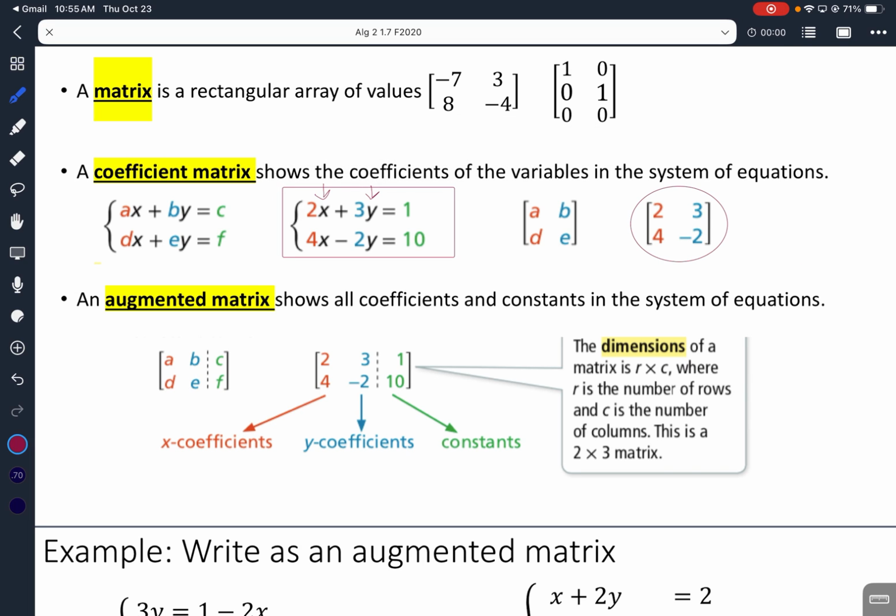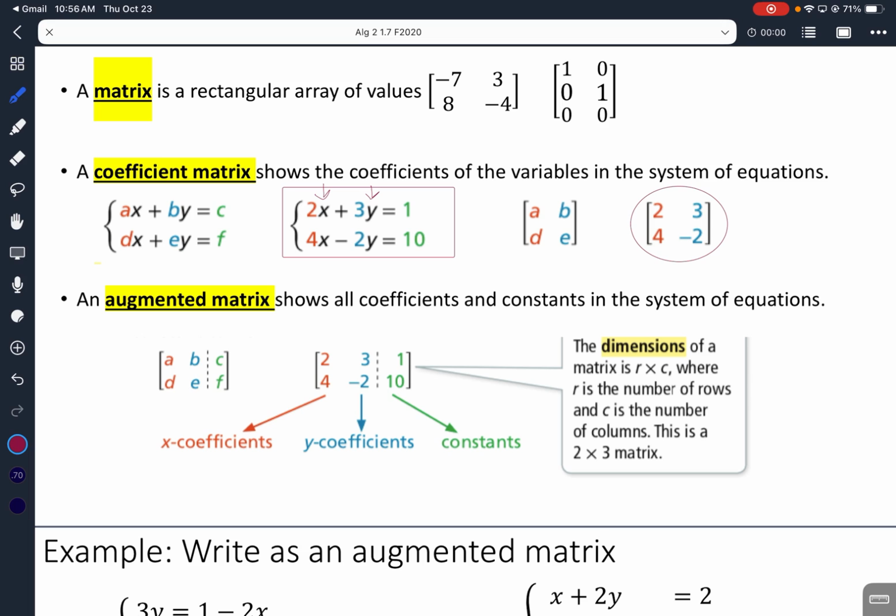I only have AX plus BY equals C, DX plus EY equals F, and then I'm writing 2X plus 3Y equals 1. The A, B, C, D, E, F are just general numbers.